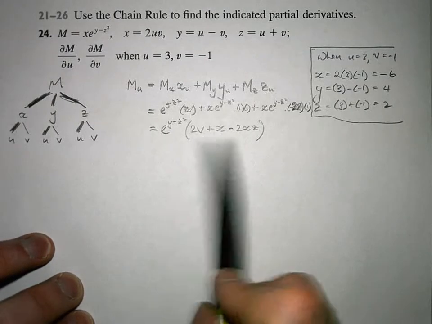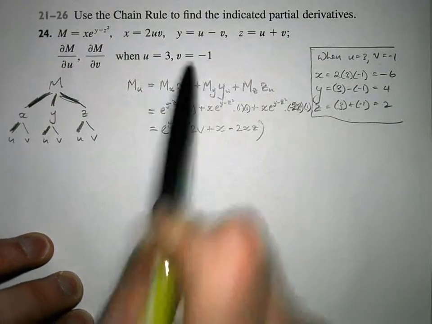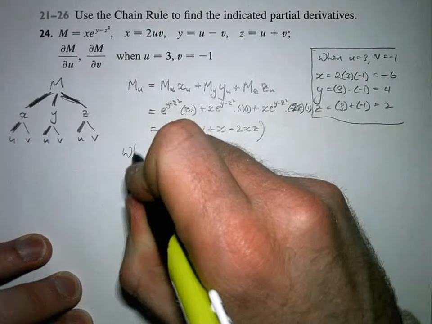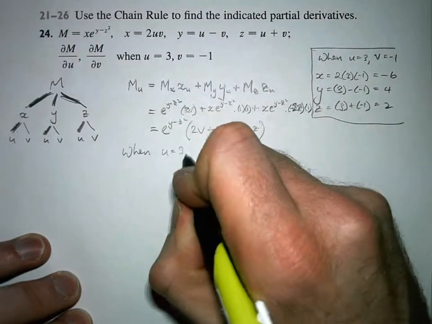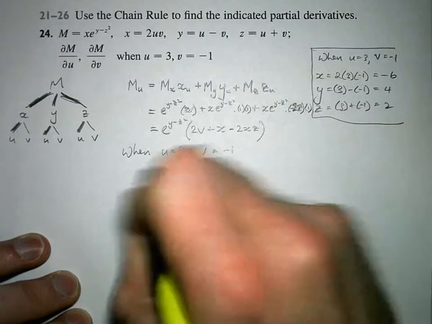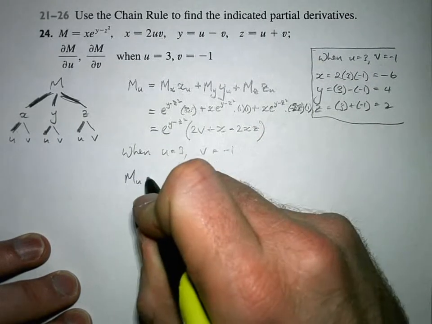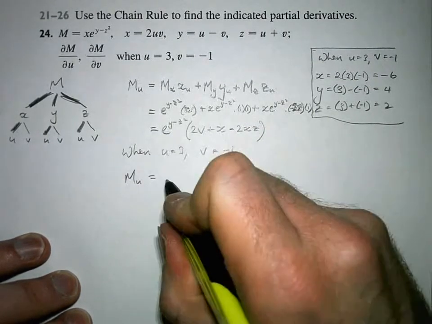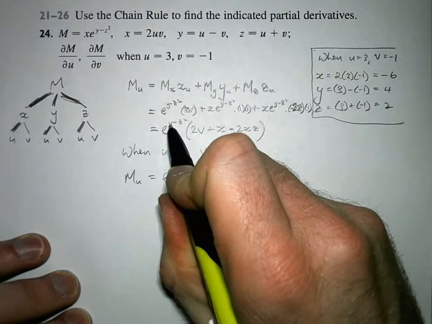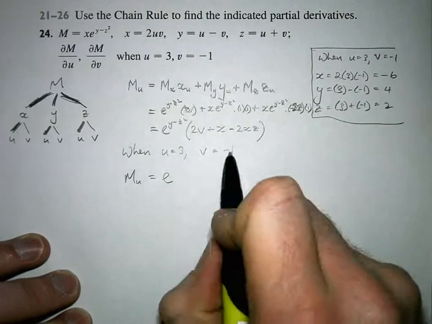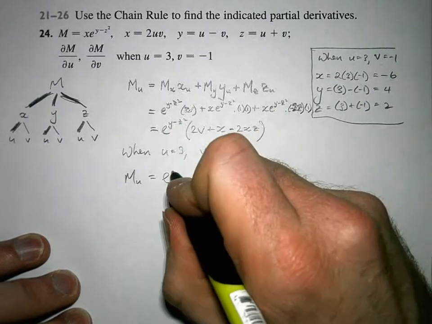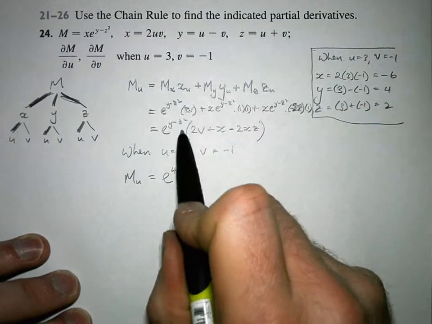Of course, we don't just want the partial derivative, we want it at an actual point, we want a value. So when u equals 3 and v equals minus 1, we get the partial derivative with respect to u is equal to, substitute in, e to the power of y. Well, y we worked out at 3 minus 1, we worked out to be 4. So that's 4 minus z squared.